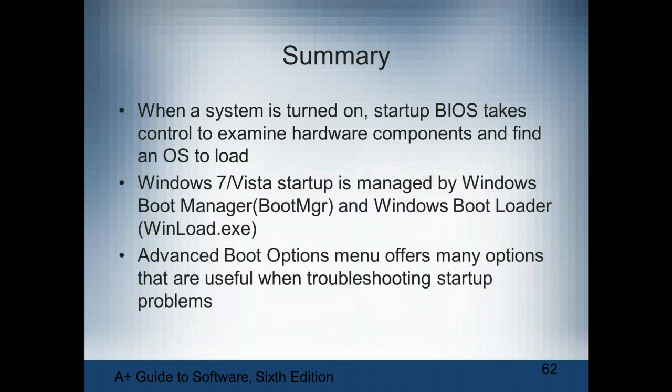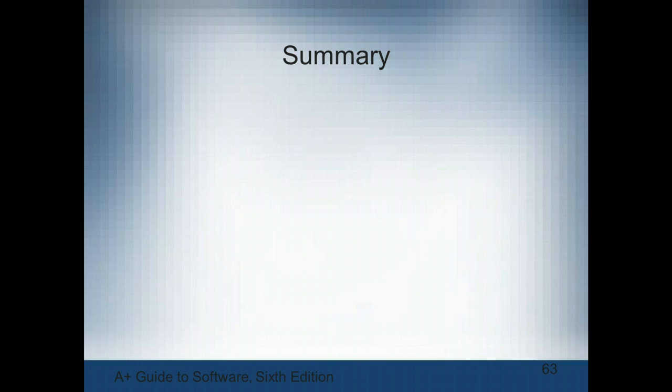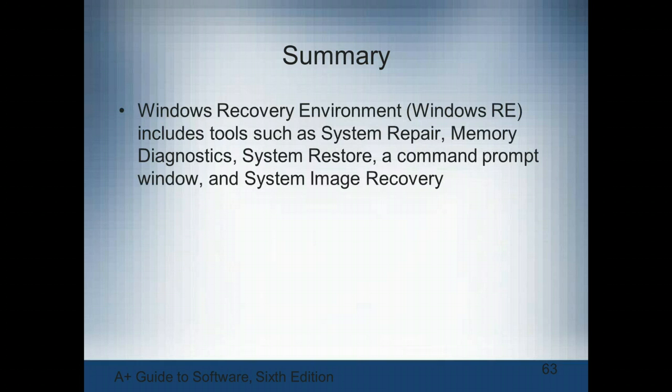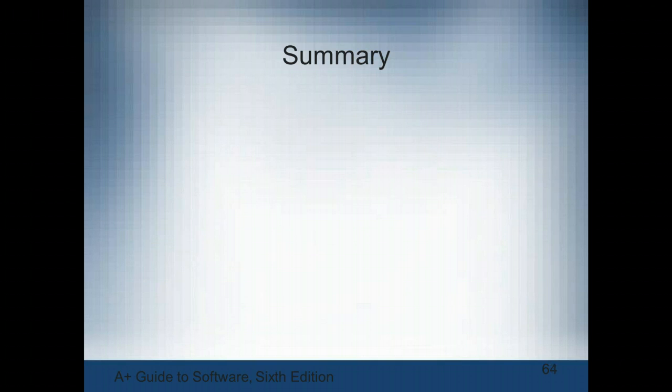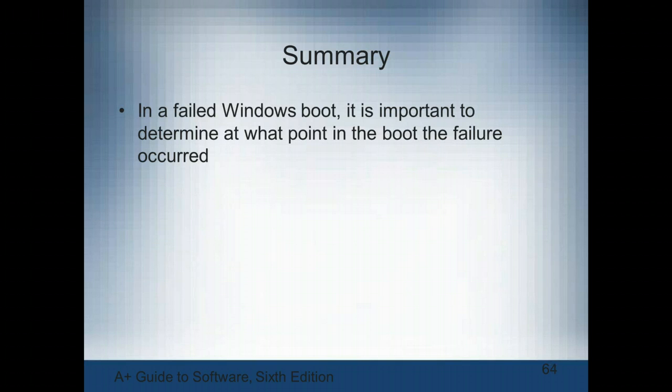But do those things as you go. Advanced boot options, last known good configuration really is something that can help you out quite a bit. Windows Recovery Environment, we saw some of those things. The command prompt is probably going to be the most helpful part of that one. Startup Repair works also.